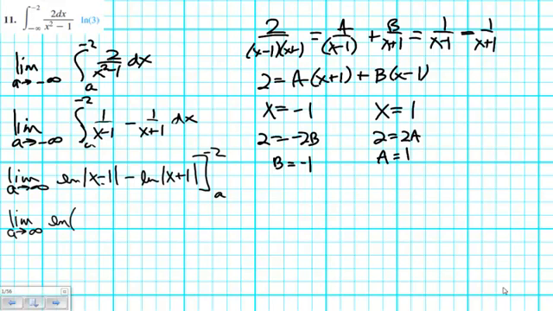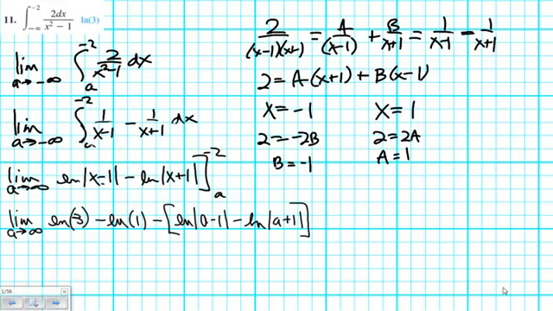We get the natural log of negative 2 minus 1, that's negative 3, so it's going to be the natural log of 3, minus the natural log of negative 2 plus 1, which is negative 1, absolute value of that. So that's going to be the natural log of 1. And now let's do it at the low end, which is the natural log of absolute a minus 1 minus the natural log of absolute a plus 1. So far so good? Yeah.